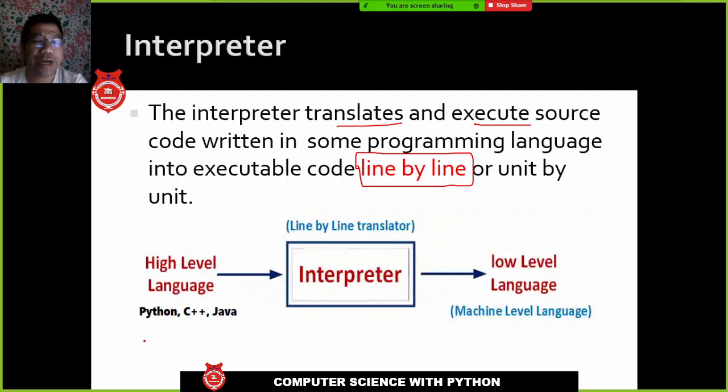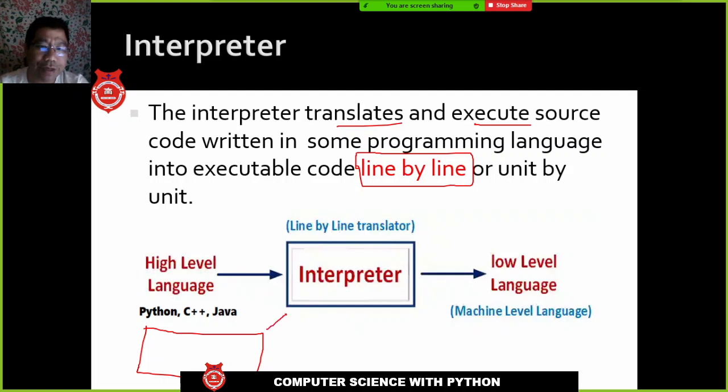We need to write some Python code, right? That Python code is known as the source code. If you write the code in C++, that is also source code. If you write in Java, that is also source code. When you say source code, it is the programming code. That source code may be 100 lines, 200 lines, depending on the complexity of the software.